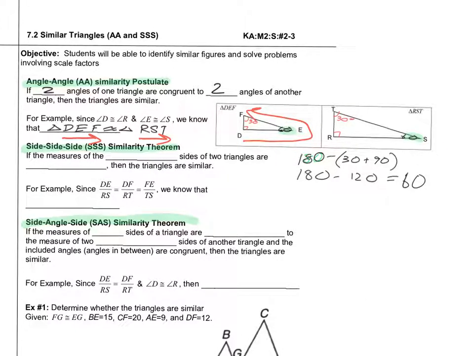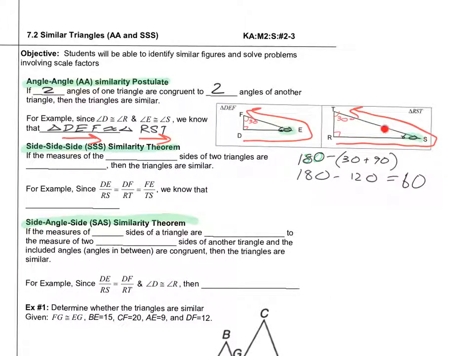So when I name the second triangle, I have to go in the exact same order, RST. If I was to say DEF is similar to RTS, that'd be totally wrong, because that would mean that if I put the T here instead of the S, the T is the same angle as E, and we can tell that is not the case, right? So we have to make sure we list it correctly.